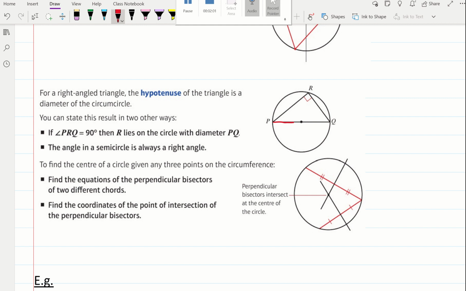Basically, the angle opposite the diameter is 90 degrees. So if you want to check whether a particular line is a diameter, you check whether the angle made by the other 2 chords is 90 degrees.